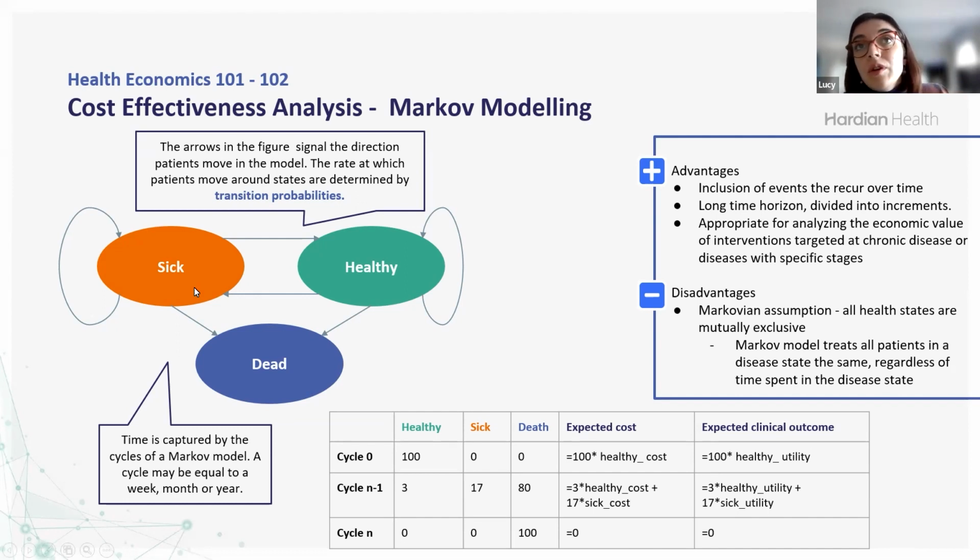In cycle 2, again, some more patients will die, and some patients that were previously sick may recover and become healthy again. You continually follow patients in these cycles until you've reached the nth cycle, or the 50th cycle, for instance. Once you have done that, it's then possible to calculate the expected level of cost and level of clinical outcome per cycle.